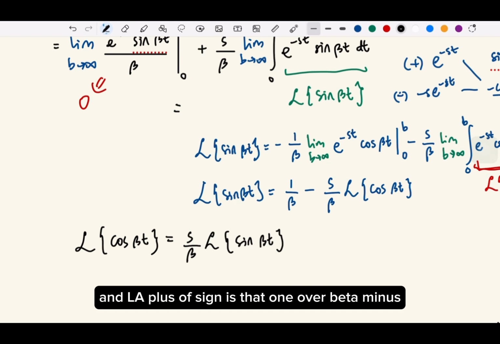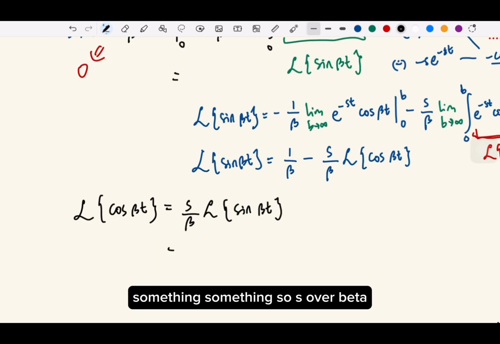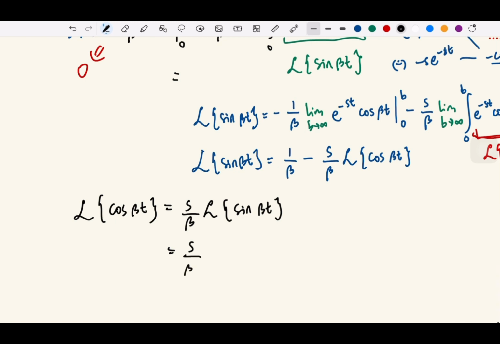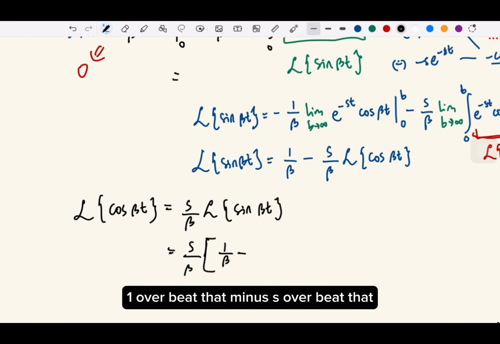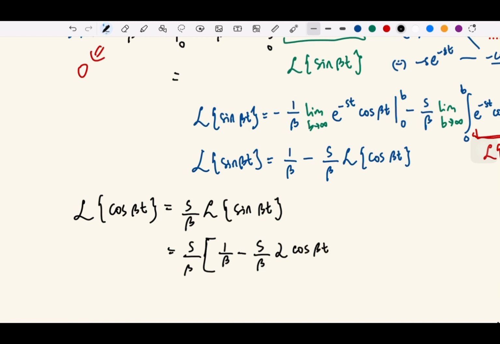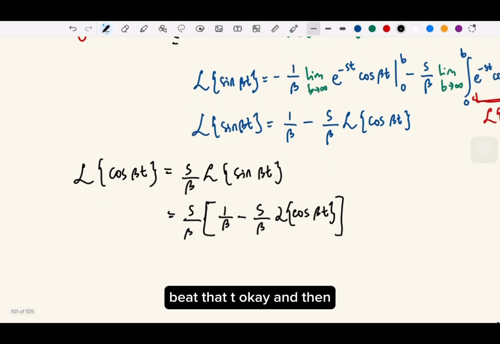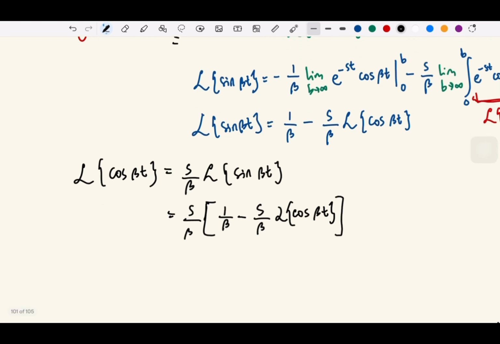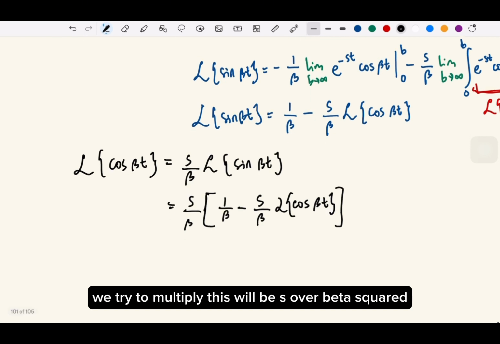And Laplace of sine is 1 over beta minus s over beta, Laplace of cosine beta t. Okay, and then we multiply.